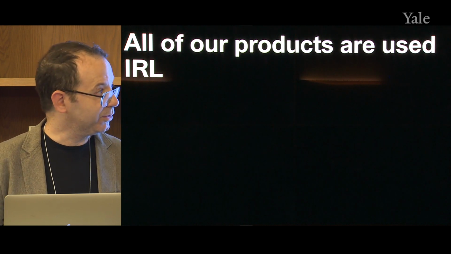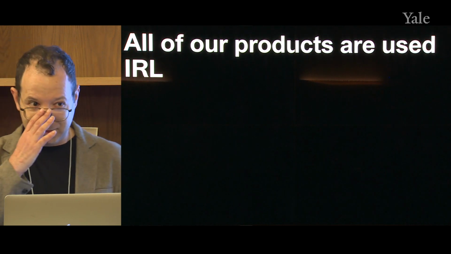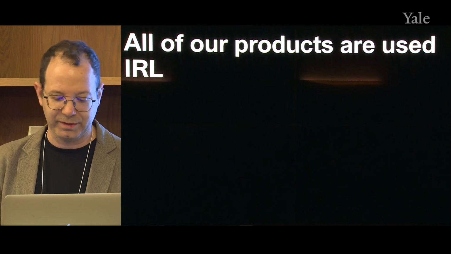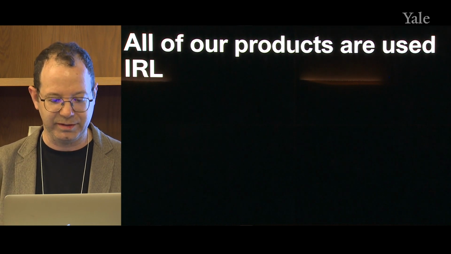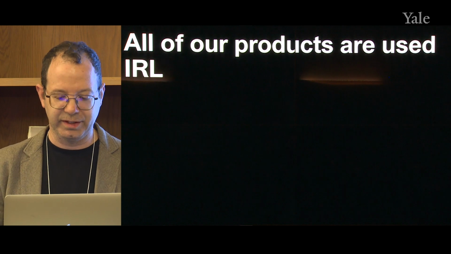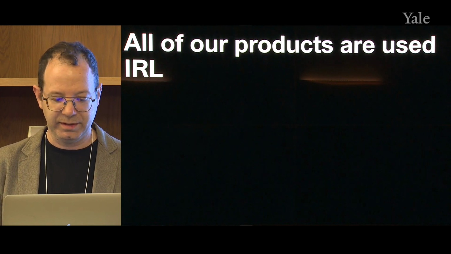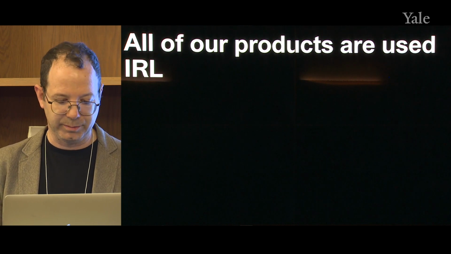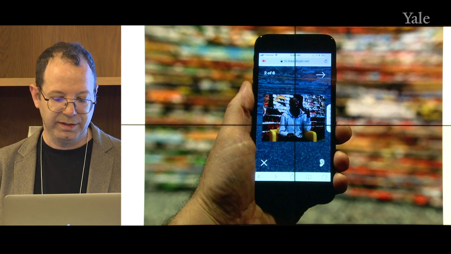This product is used in real life, and I would argue that that's true of everything that was talked about today, that there's a physical context in which people are reading books or doing data entry or learning about art or engaging with art.